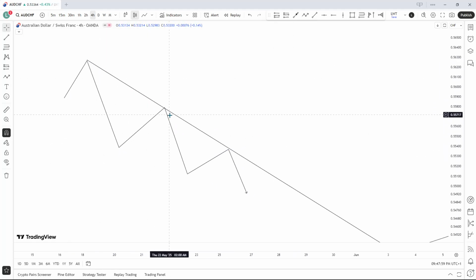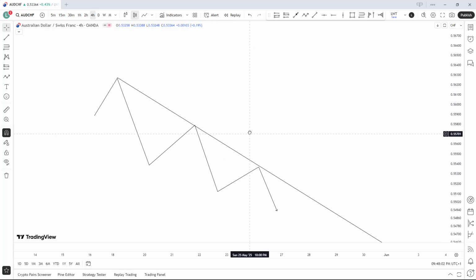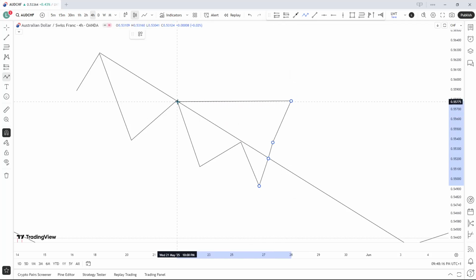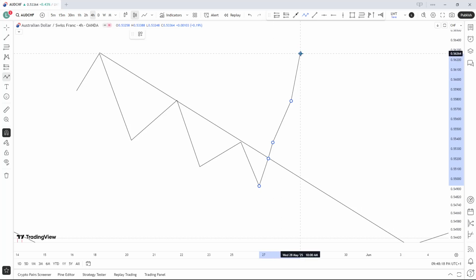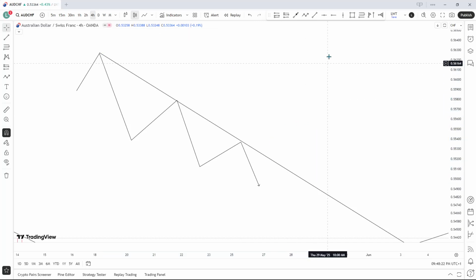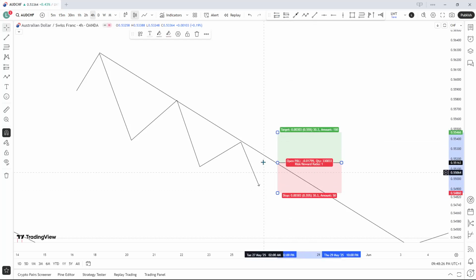Now it's obviously coming down, so that means it's a downtrend. If now it starts to tap into there, you can either buy up to this level here, hold a buy up to this level here, hold a buy up to this level here, and that is basically all you are doing.